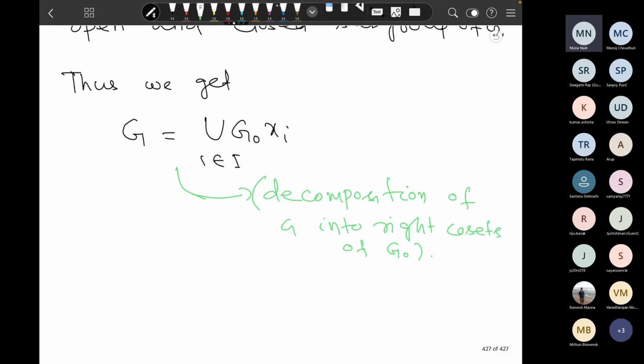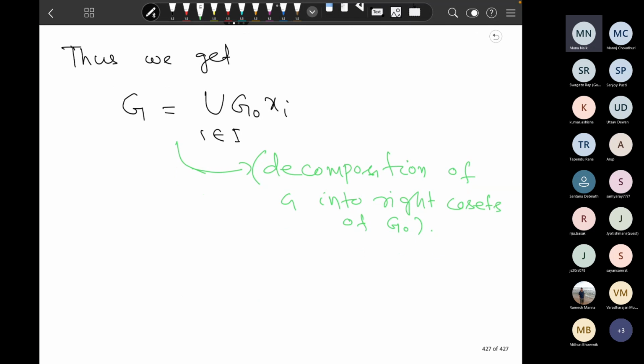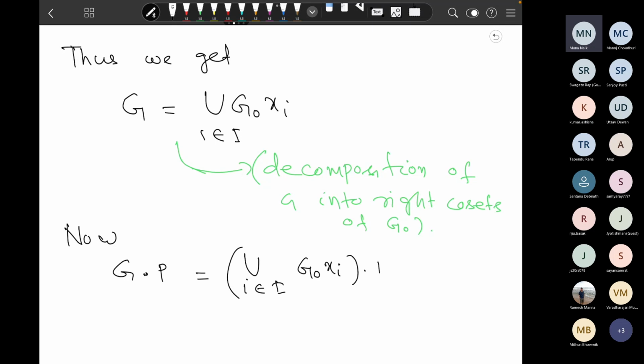This is clear, because if H is a subgroup of G, then you can write G as the union of Hx, x belongs to G. I am writing G as right cosets of G naught. Thus we get G dot p equal to the union over i belongs to I of G naught xi dot p.